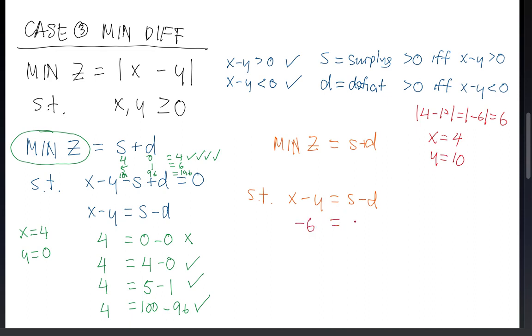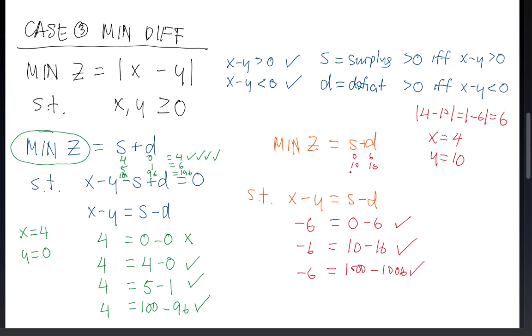So what are possible combinations here? Can we have 0 for s and 6 for d? Yes, right? So we put 0 and 6. Can we have negative 6 equals 10 for s and 16 for d? Yes, that still works, right? So 10, 16 is a valid combination. Can we have negative 6 equals 1000 for s and, sorry, not 1016, 1006 for d?